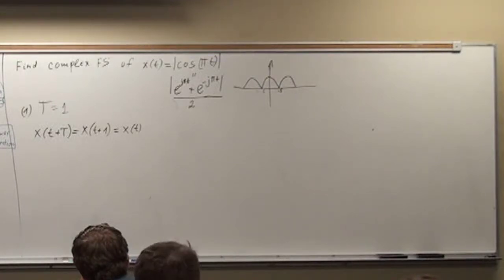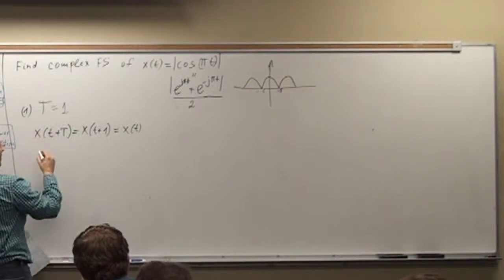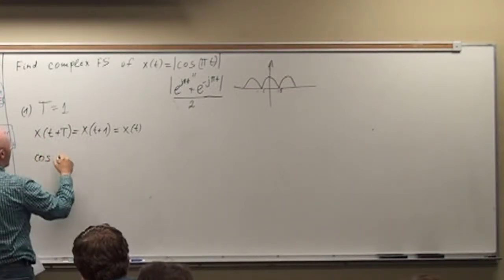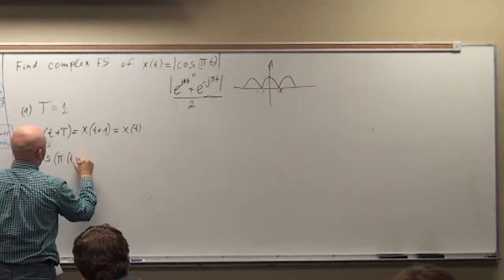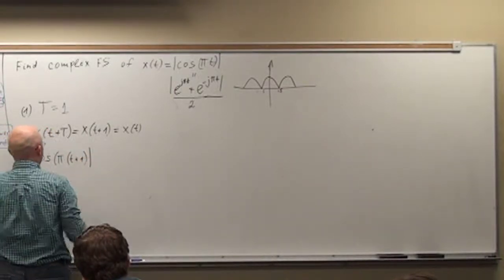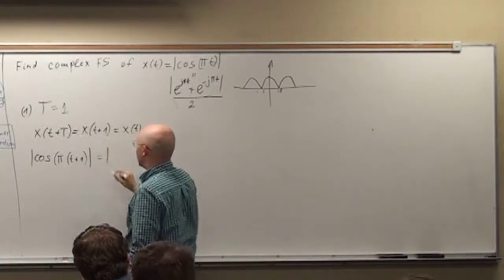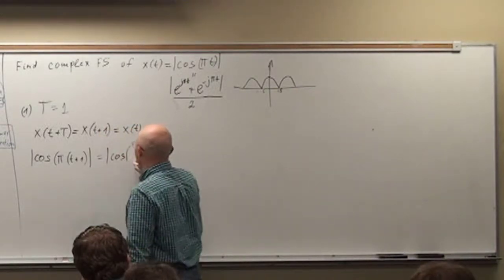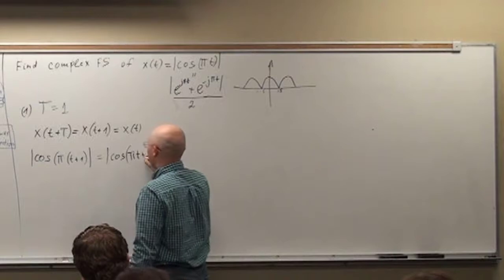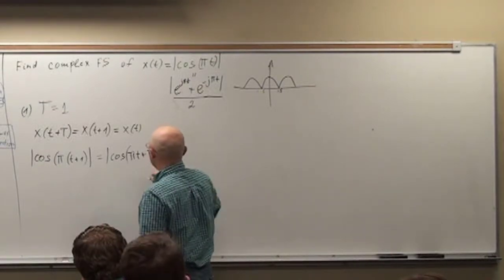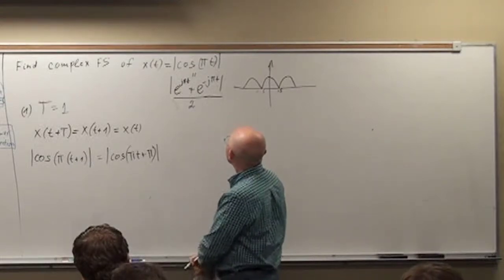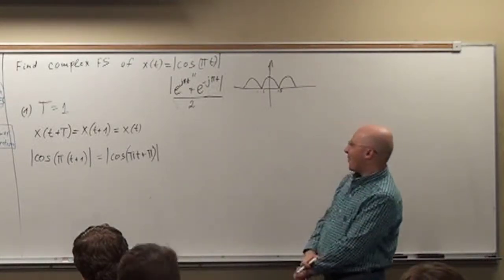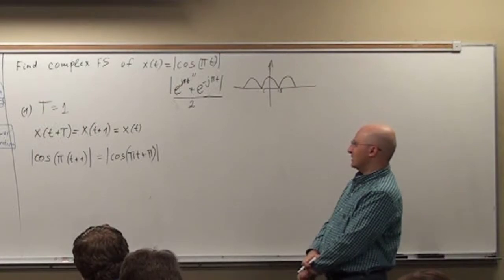Then you're saying this guess was good, if this is true. Let's see. So you're saying that the absolute value of cosine pi t plus 1 equals the absolute value of cosine of pi t plus pi. Is it true?